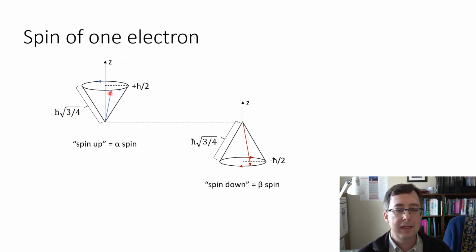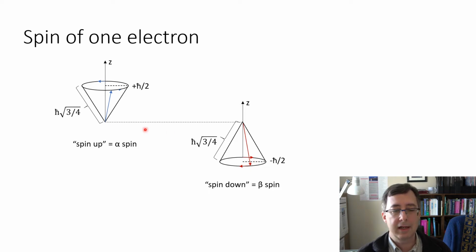So at any given point in time, exactly where you are on the x or the y-axis may be uncertain, but if you're in an alpha spin state, it is certain that you've got a projection of plus h bar over 2 on the z-axis, and if you're in a beta spin state, you've got a projection of minus h bar over 2.